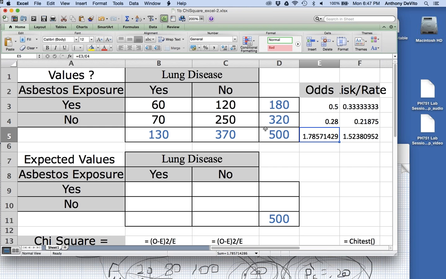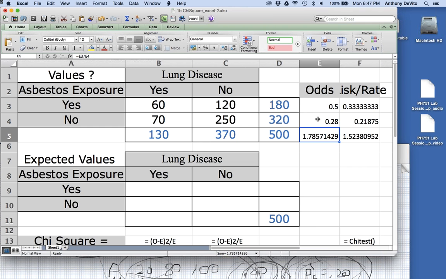So what do you think a good null hypothesis would be here? Let's just look at the odds ratio now, because most studies tend to use the odds ratio rather than risk or rate. The null hypothesis would be that there is no association between asbestos exposure and lung cancer. What would we expect the odds ratio to be in that case? 1.